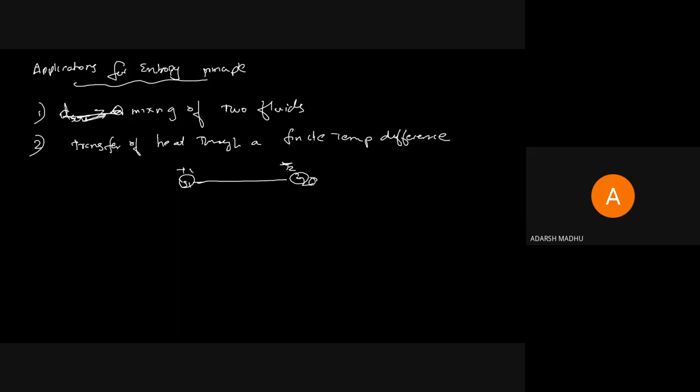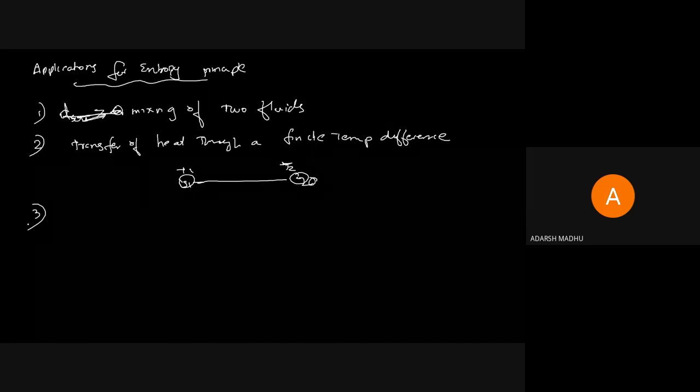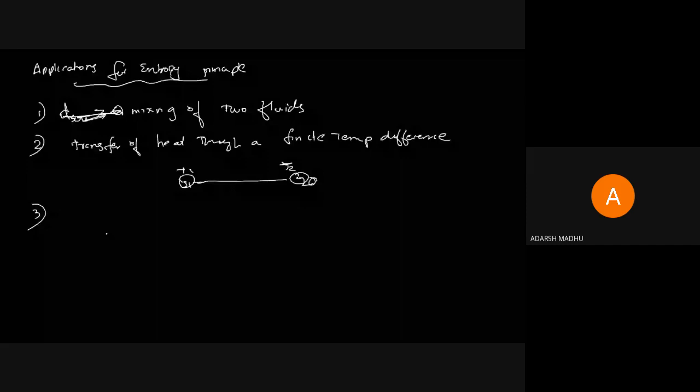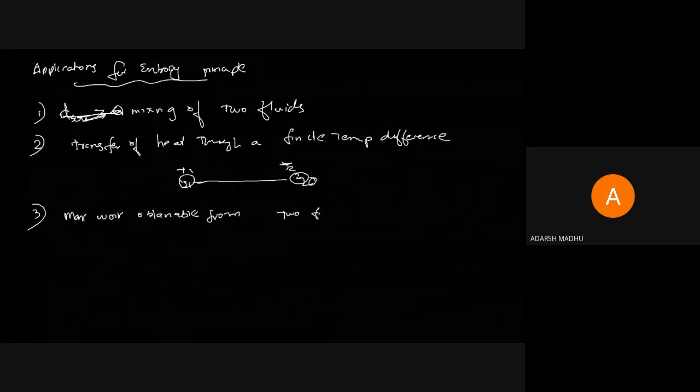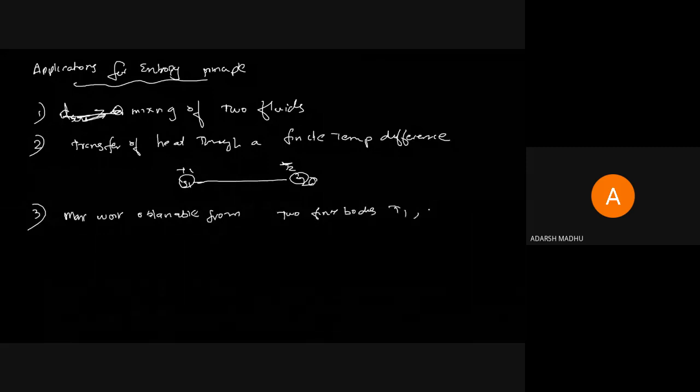And the third example is maximum work obtainable from two finite bodies, T1 and T2.